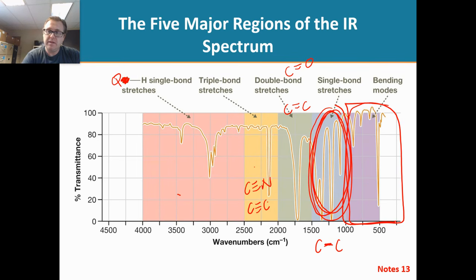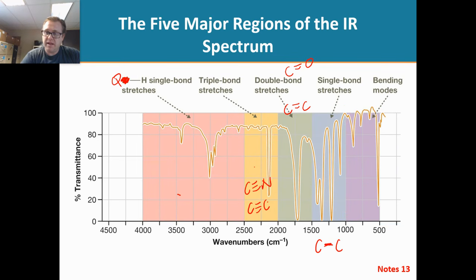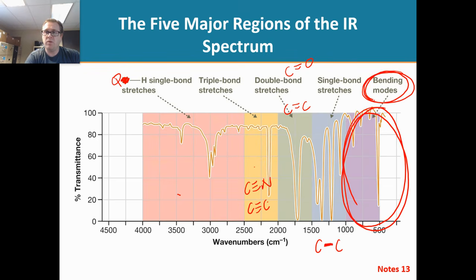We can also see that these carbon-carbon bonds right here in the blue are also in the fingerprint region, so we don't look at those. But what's interesting also, in this purple area, that's where we're not going to find stretches anymore. That's where the bending modes start appearing, the in and out of the plane bending modes that we talked about with formaldehyde.